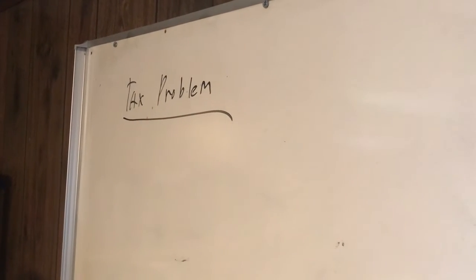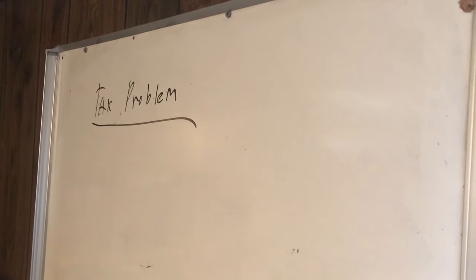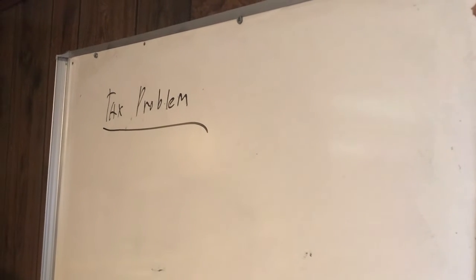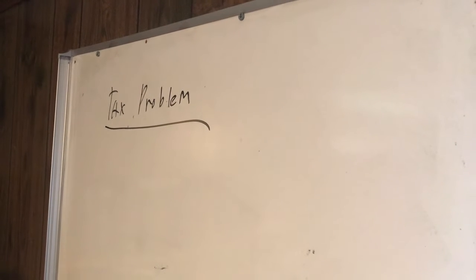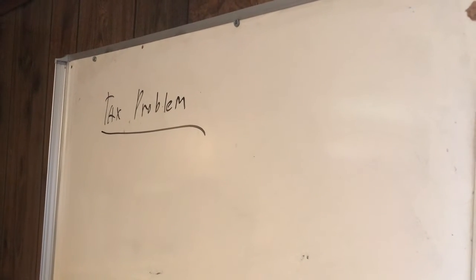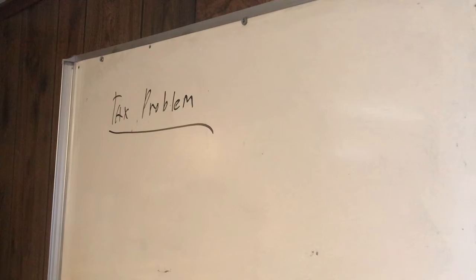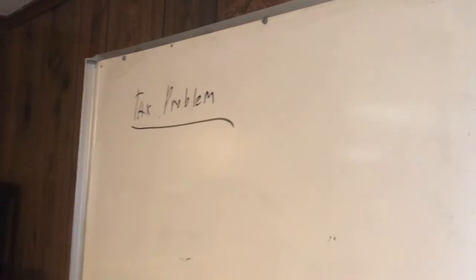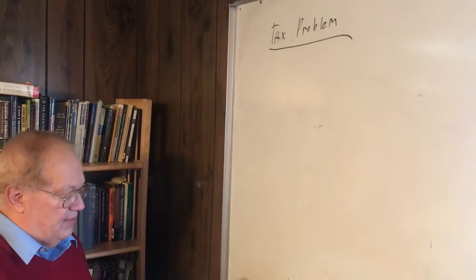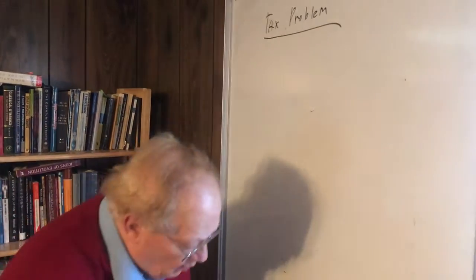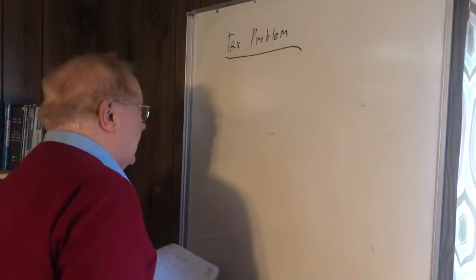Now, what we have here is basically the demand and supply function. And remember, we had demand and supply functions in 100, and we set them equal to each other, and we found the market equilibrium point. Well, here we're interested in market equilibrium, but we also want to know what the maximum tax revenue would be.